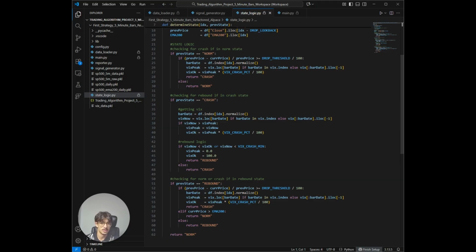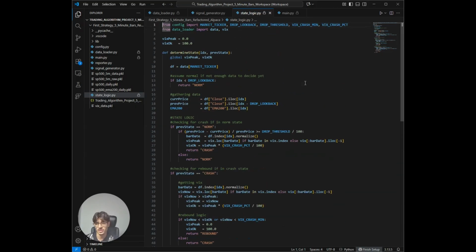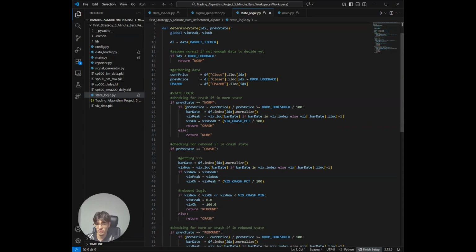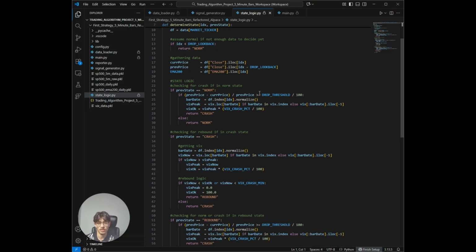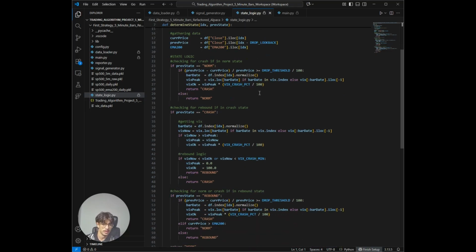Next, the algorithm adds another layer, which is market regime detection. The state logic here is classifying the overall market into 3 regimes. There's a normal regime when the markets are stable, a crash regime when the S&P 500 drops sharply and volatility spikes, and also a rebound regime when the volatility is starting to subside and prices are recovering from that crash.